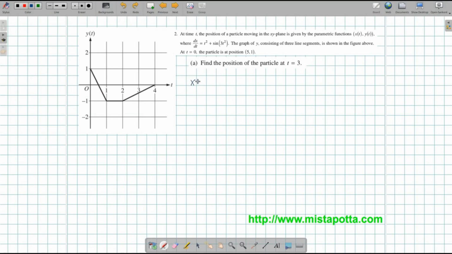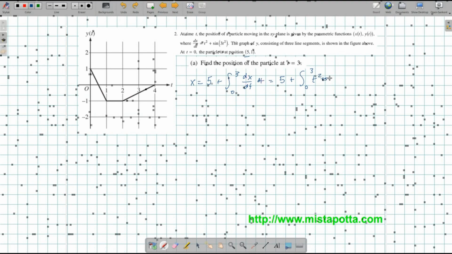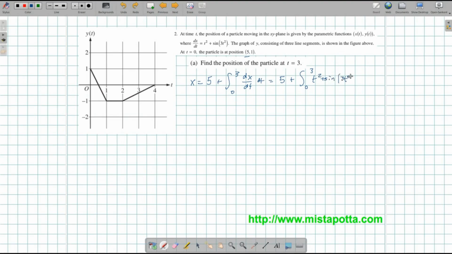So I know that x is going to be equal to 5, which is my initial x value, plus the integral from 0 to 3 of dx/dt, which is going to be equal to 5 plus the integral from 0 to 3 of this t squared plus sine of 3t squared dt, which comes out to be 14.337.